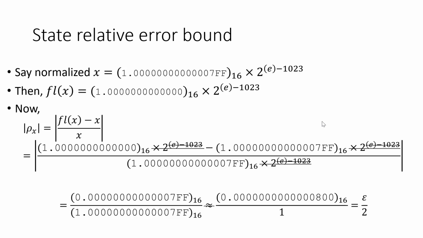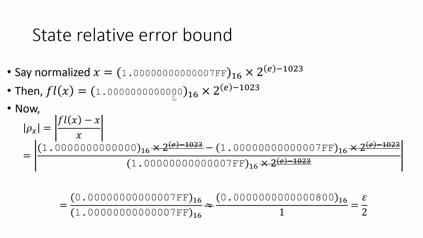Before I do that, I'd like to set a bound on what the relative error might be. So let's say I have a normalized true value for x as being 1, followed by 13 zeros, and 7ff, so that's in hex base, and I've got any exponent. When I float this value, I'm going to end up with a 1, followed by all zeros, base 16, and I'm going to have the same exponent.